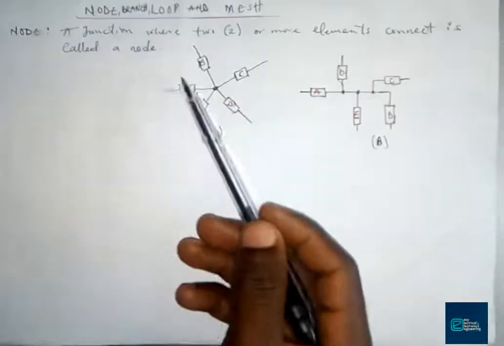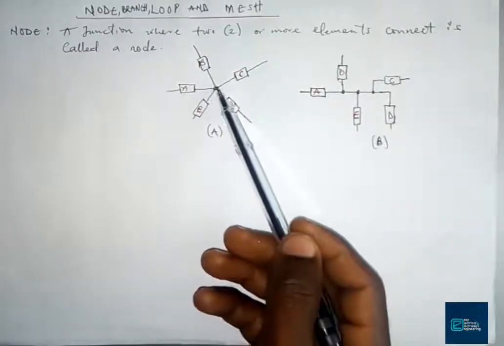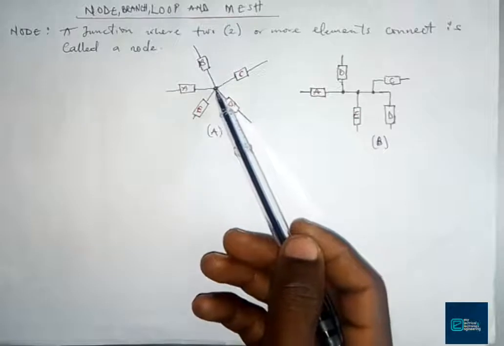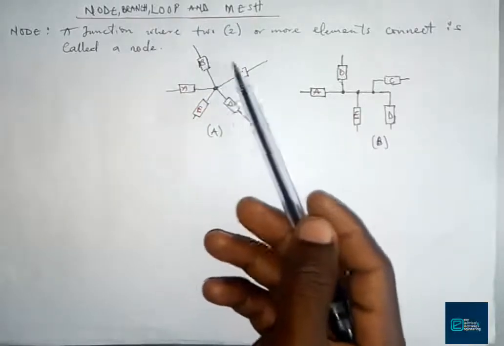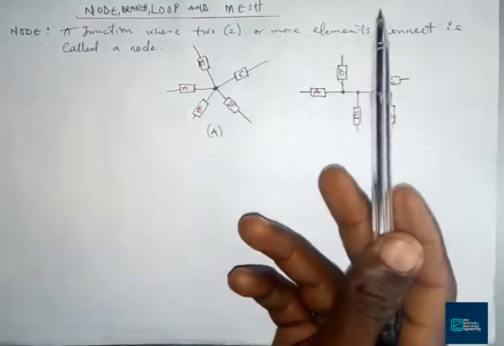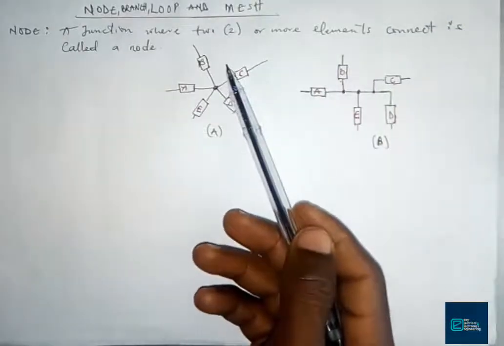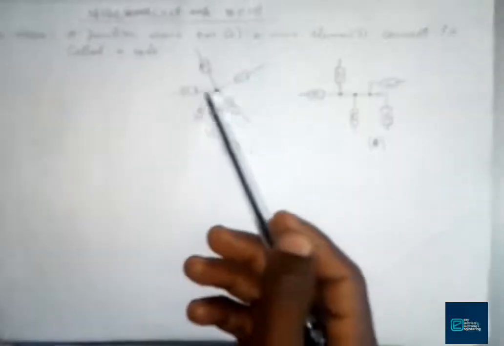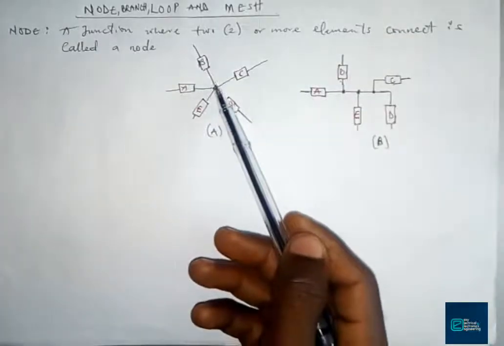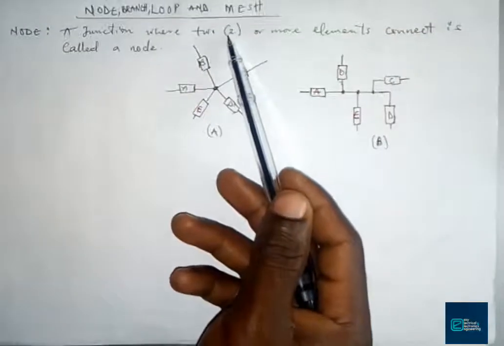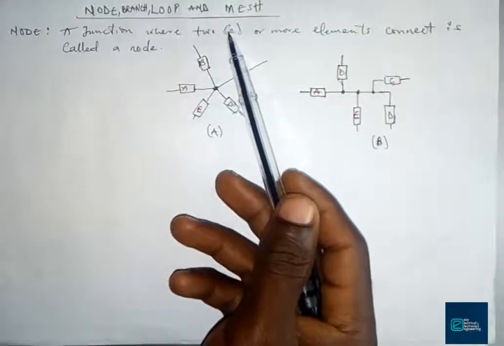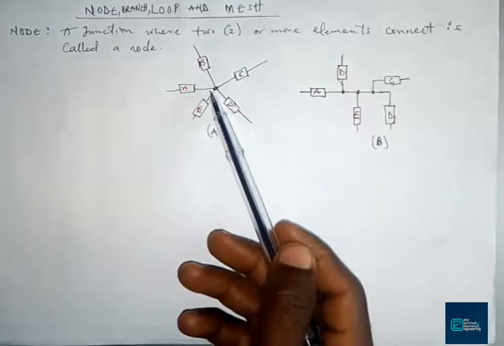When we're talking about elements, it can be a component or it can also be sources, voltage source or current source. So that is what we mean by a node. At least two elements must be in that junction. That's what we refer to as a node.